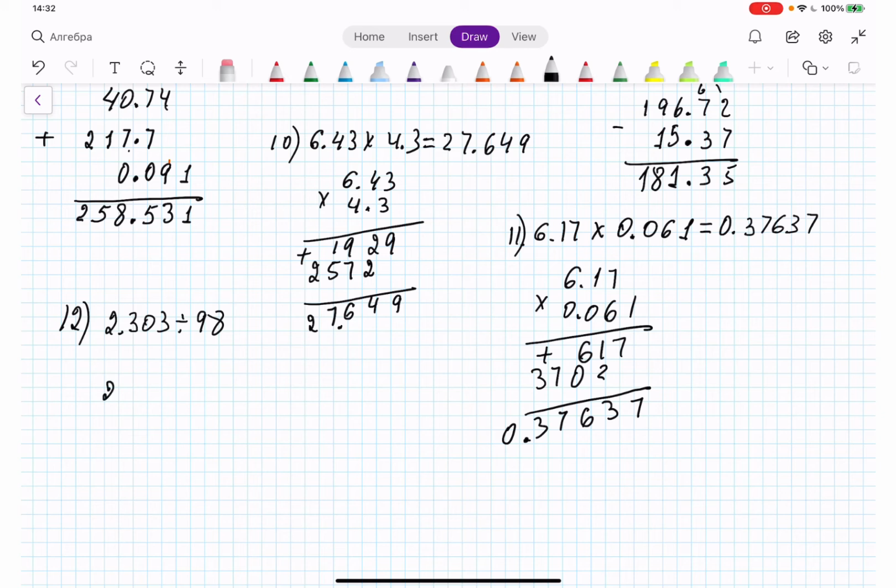So 2.303 divided by 98. This is what we call the dividend. This is what we call the divisor. And whatever we get, the answer, I don't know yet, it is the quotient.